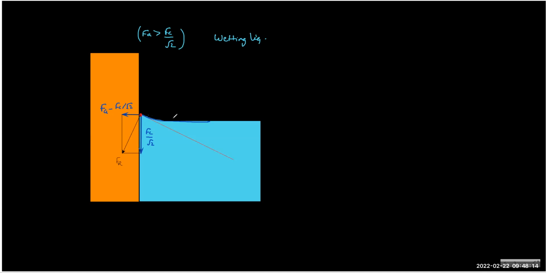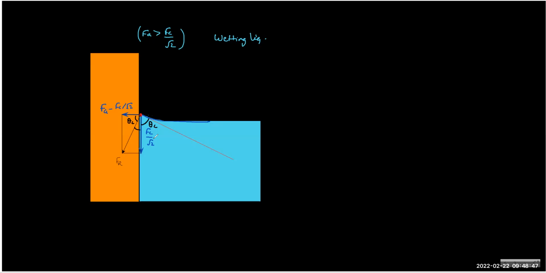And if this is the liquid surface, as you can see, it is tilted upward. There are a variety of things you can calculate. The most important part is the angle of contact, which is defined as the angle between the free surface of liquid and the wall, and it is always taken inside the water. We don't take it outside. So this is the angle of contact, and because it's a right angle, this is 90 minus theta. This is again theta.